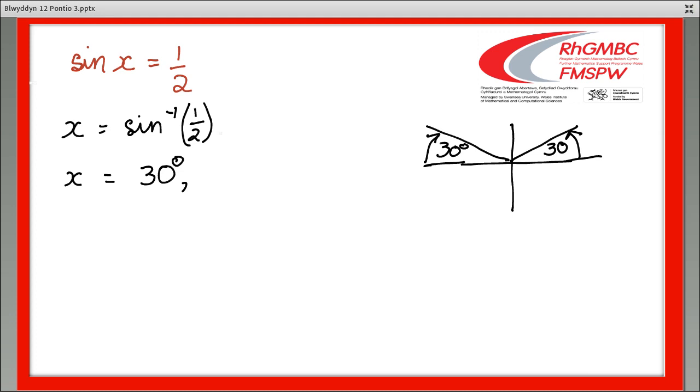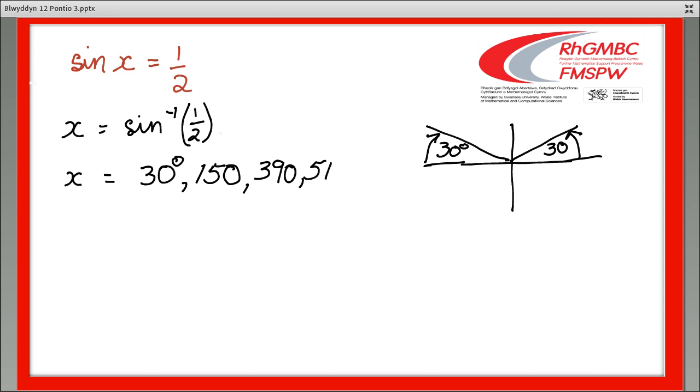So my second answer, if we start from 0, is going to be 150 degrees. And then my next answer is going to be on the next loop around the circle, so it's going to be 390. And then it's going to be 510.